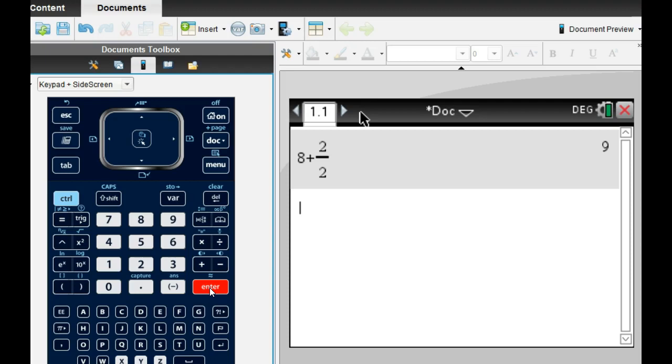If you don't actually type the parentheses, do you see that it gave me 9? It only divided the 2 by 2, right? But if I use parentheses, which are on the left side right here, 8 plus 2, and the parentheses, then divided by 2, that will give you 5. Okay? So calculators are great if you use them correctly.